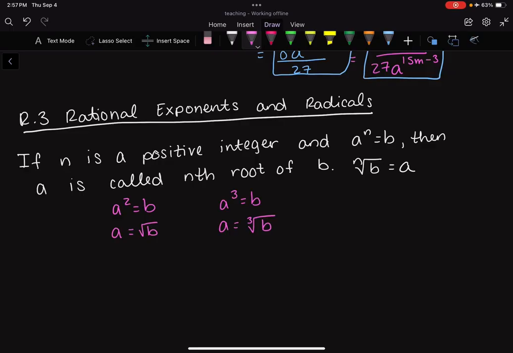And if you have a weird number, like a to the fifth, we would say that this is the fifth root of b. So that's why we call it the nth. It's just because when you get bigger than 3, for 2 and 3 you say square and cubed, but once you get bigger than that, you just say fourth, fifth, sixth root, 28th root, whatever the number is.